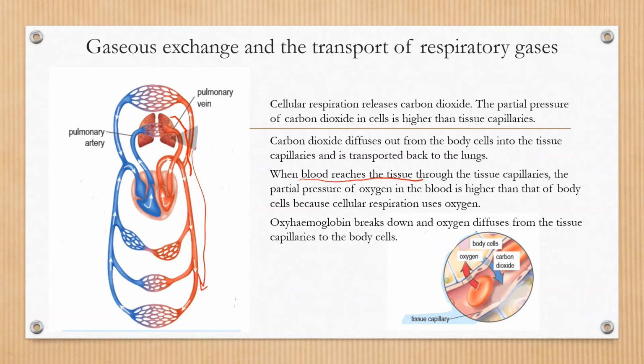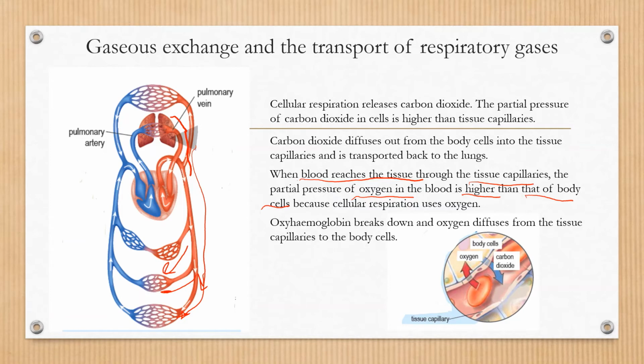Along the way, it will reach the tissue. When the blood reaches the tissue, that is through tissue capillaries, the partial pressure of oxygen in the blood is higher compared to the body cells or body tissue.